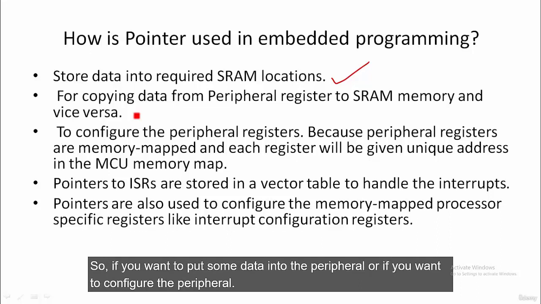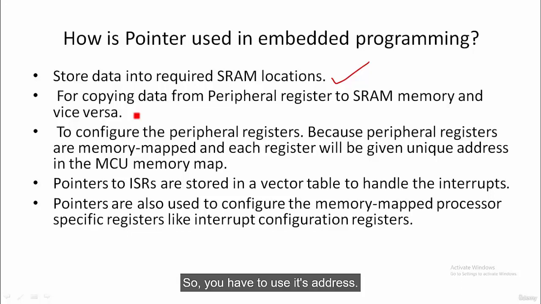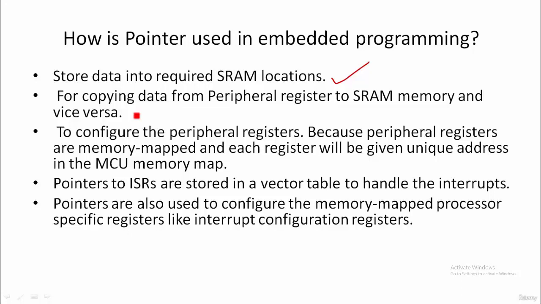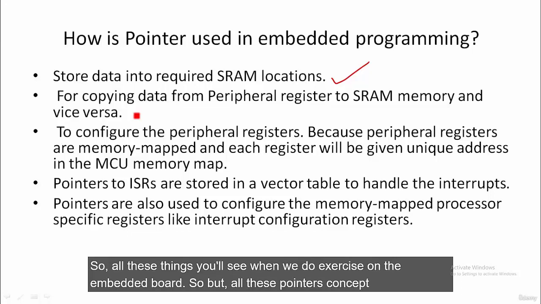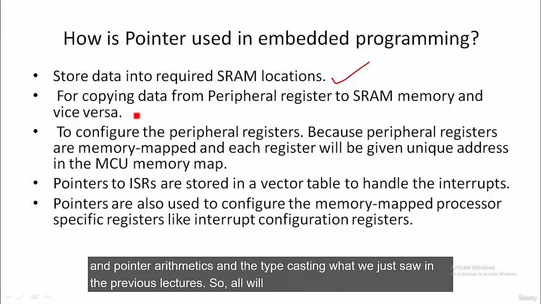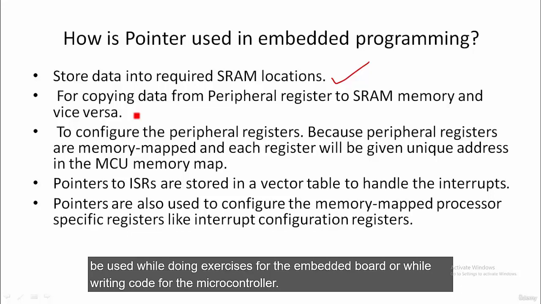So if you want to put some data into the peripheral, or if you want to configure the peripheral, you have to use its address. All these things we'll see when we do exercises on the embedded board. But all these pointer concepts, pointer arithmetic and the typecasting we just saw in the previous lecture will be used while doing exercises for the embedded board or while writing code for the microcontroller.